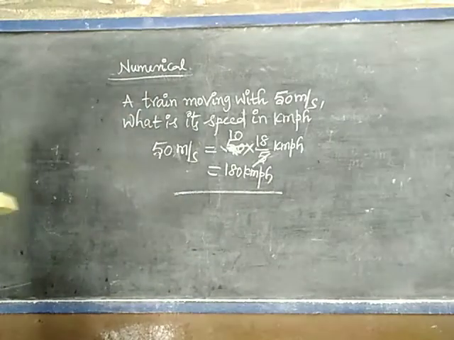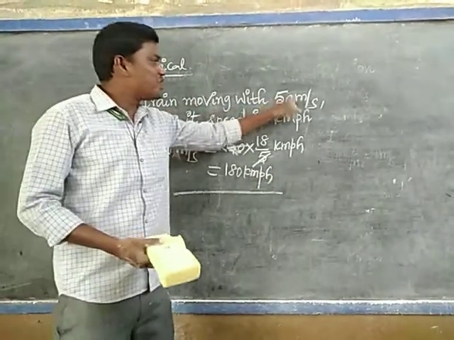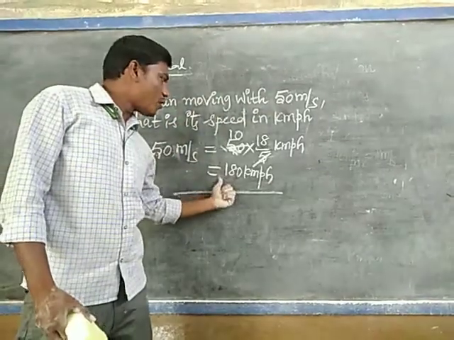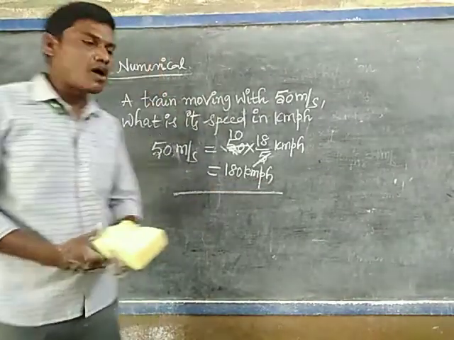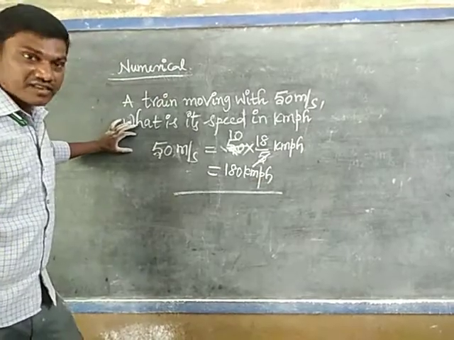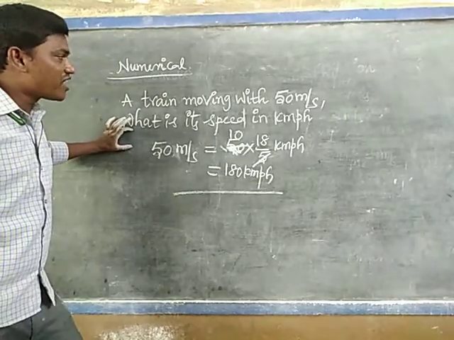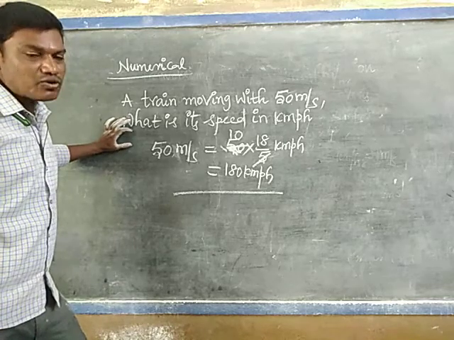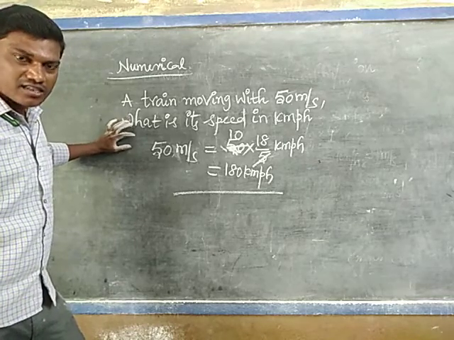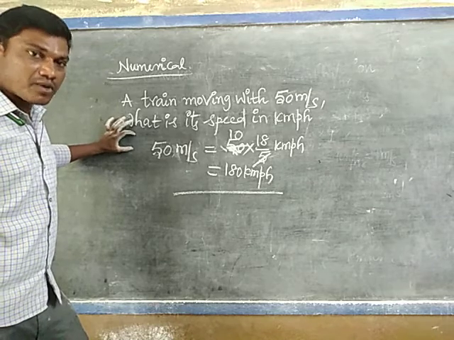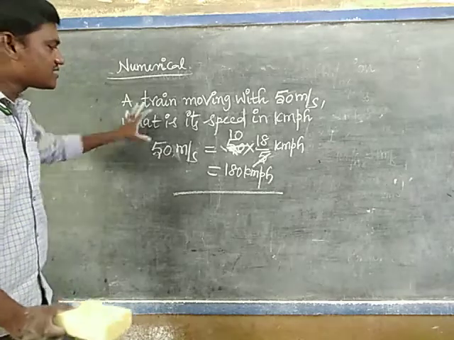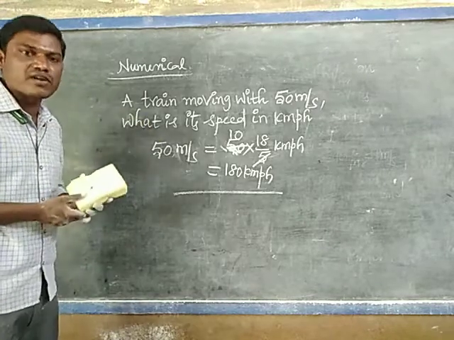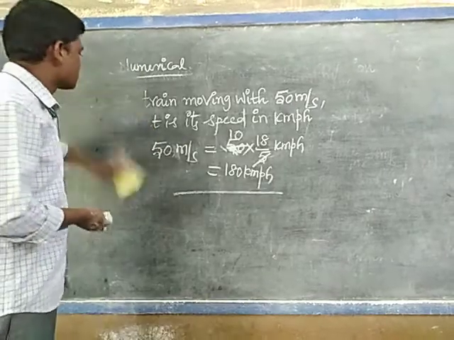A train moving with 50 meters per second has a speed of 180 kilometers per hour. This is the method to solve numericals on the conversion of meters per second to kilometer per hour, or in the previous numerical, kilometer per hour to meters per second, in this chapter.